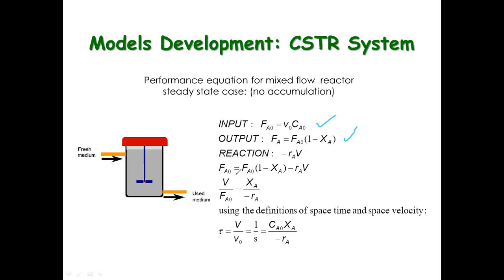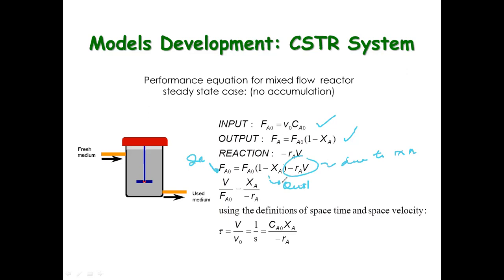You could see that here FAO, that's FAO in, and your output is FAO(1 minus XA). There's something new here. This is in, this is out, and this is disappearance due to reaction.